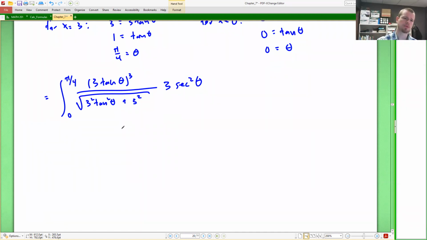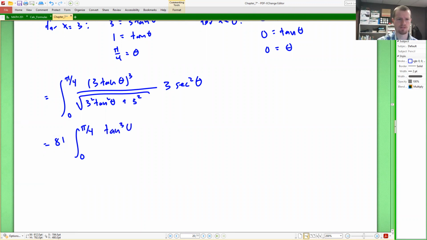All right, so what do we have? Let's pull out some constants. 3 cubed is 27, and 27 times 3 is 81, times the integral from 0 to pi over 4, with tangent cubed in the numerator. We have a secant squared here, but 3 squared times tangent squared plus 3 squared, that thing is secant squared.